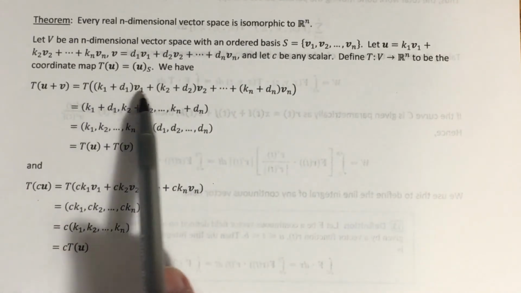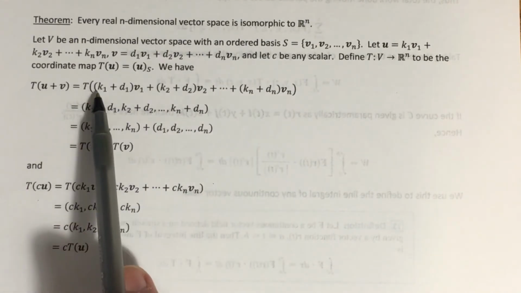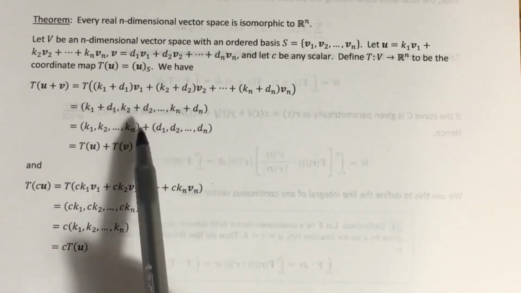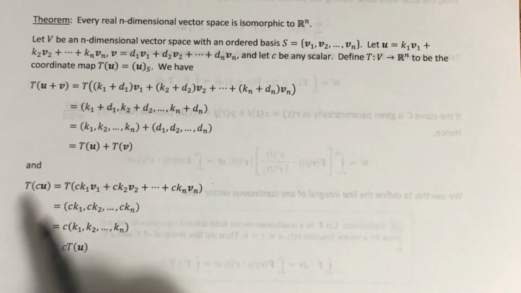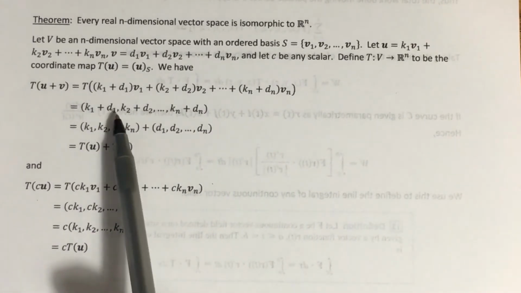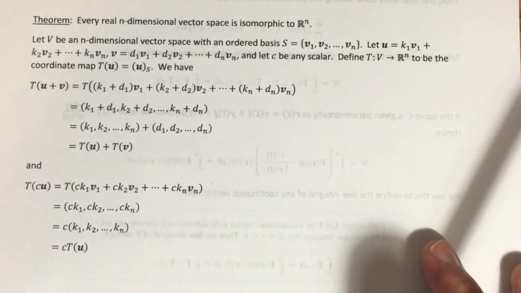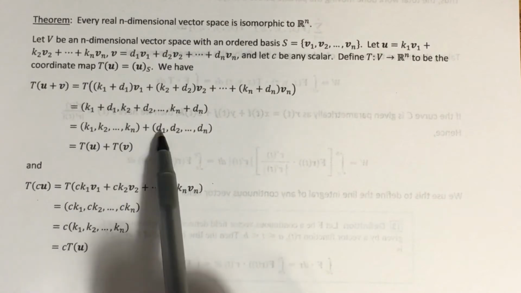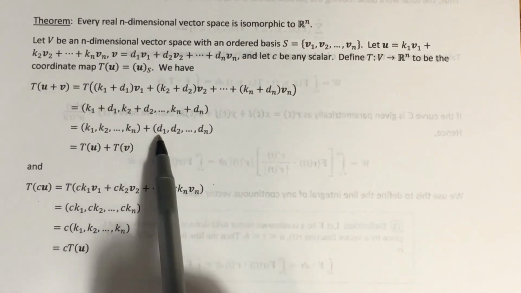Well, it maps them to their coordinate vector in Rn, meaning it takes the scalars in this linear combination and makes them coordinates in this n-tuple right here. Now, K1 plus D1, K2 plus D2. Because this is a vector in Rn and we have vector space structure there, we know that this is the sum of these two vectors in Rn, K1 through Kn, D1 through Dn.